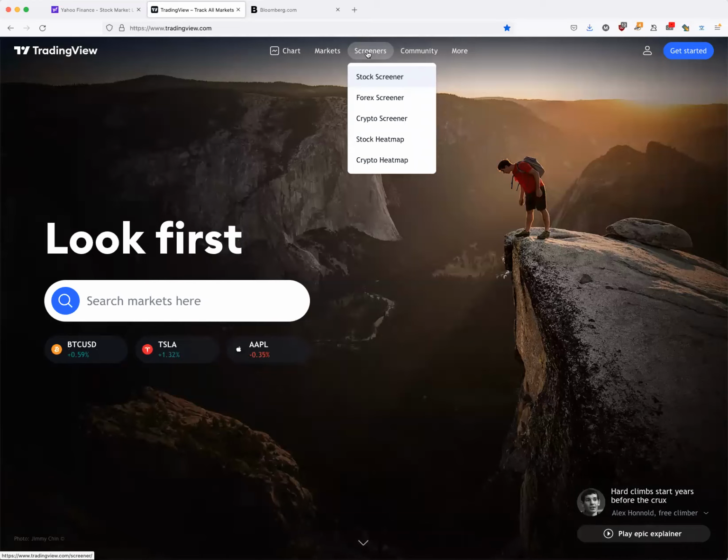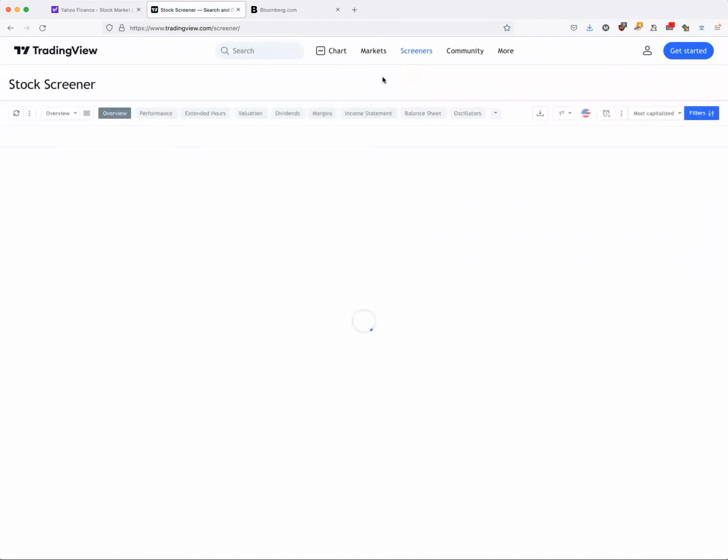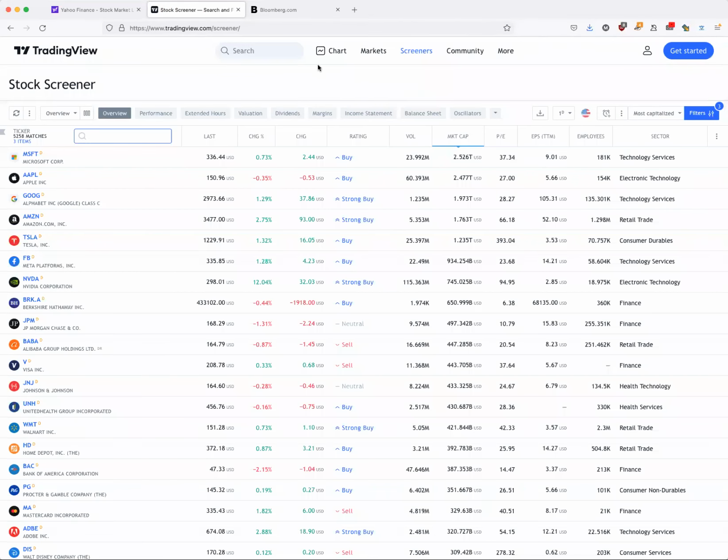If you click on the screeners on the TradingView platform, you see the screeners and different things. We want to screen stocks. So I just click here, and it opens up a nice list of companies. These are the biggest companies in terms of market capitalization.